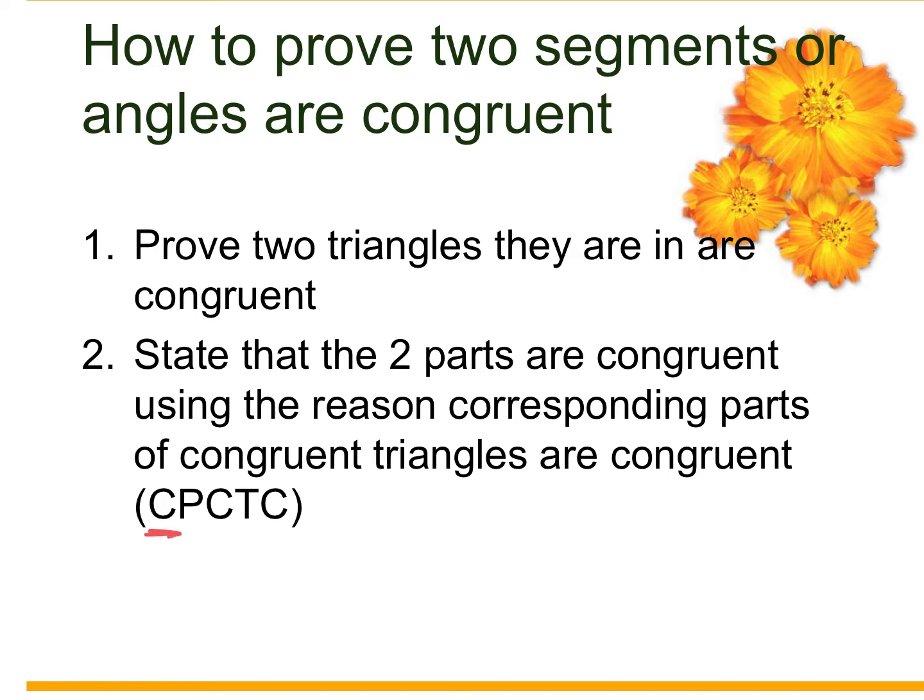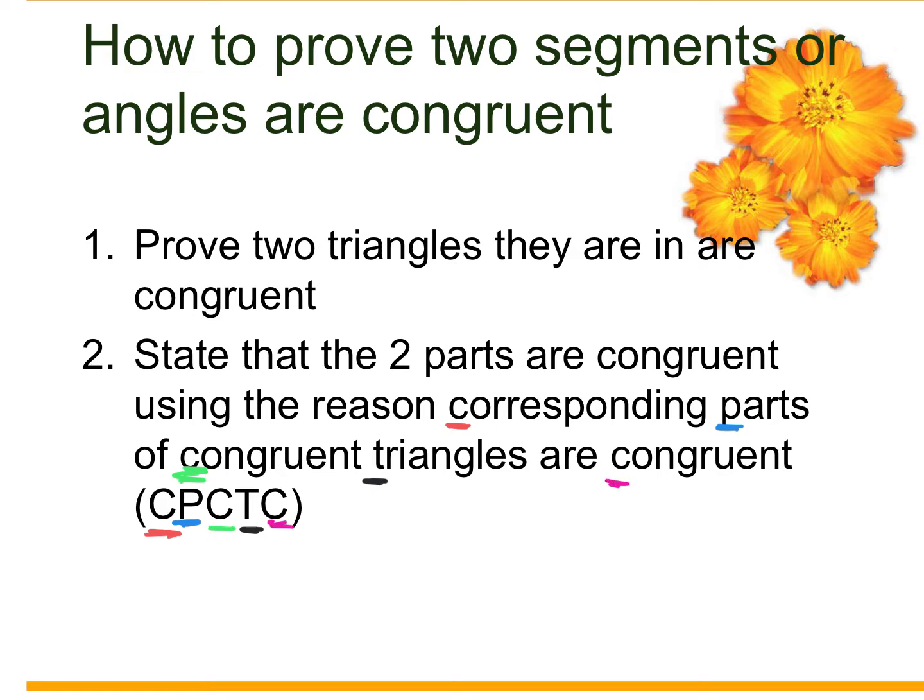This first C is for the word corresponding. Then the P is for parts. Then this C is for congruent. This T is for triangles. And then lastly, the last C is for congruent.